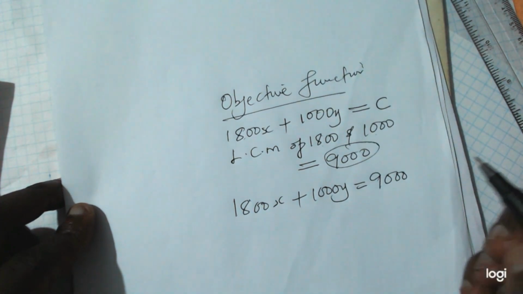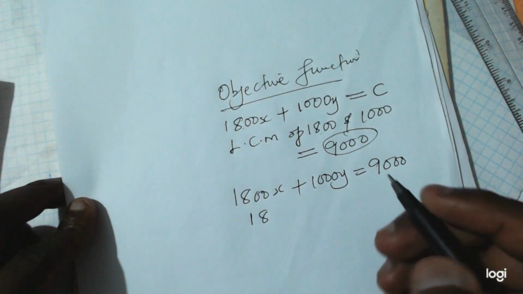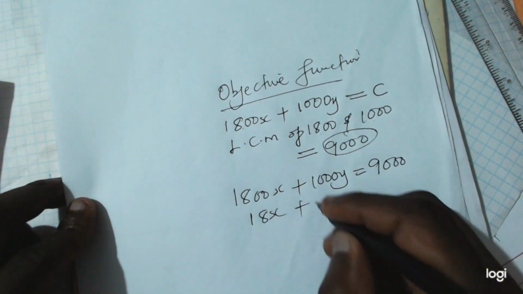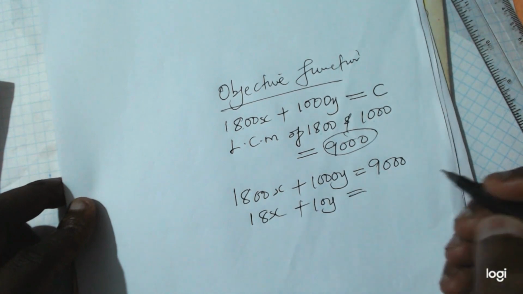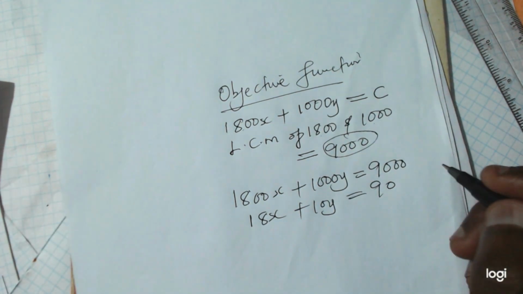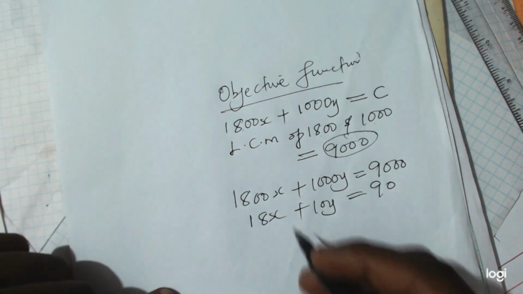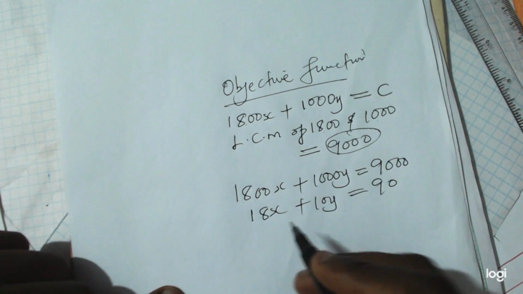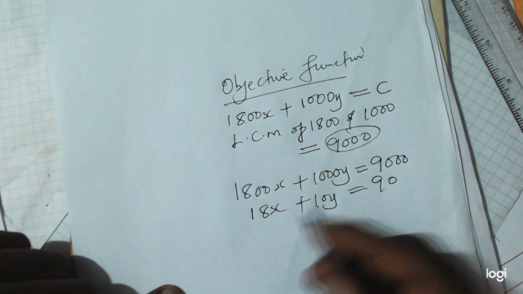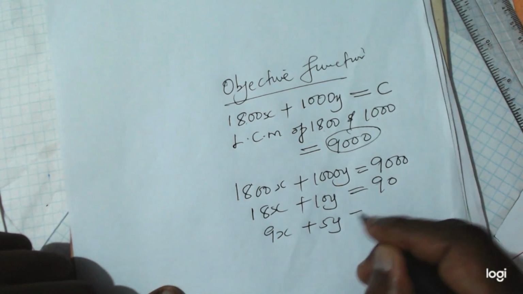We can simplify this by dividing all through by 100. We get 18x plus 10y equals 90. We can simplify further by dividing by 2. This will be 9x plus 5y equals 45.